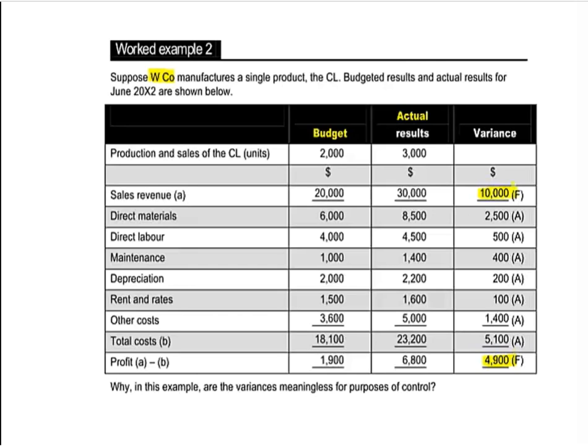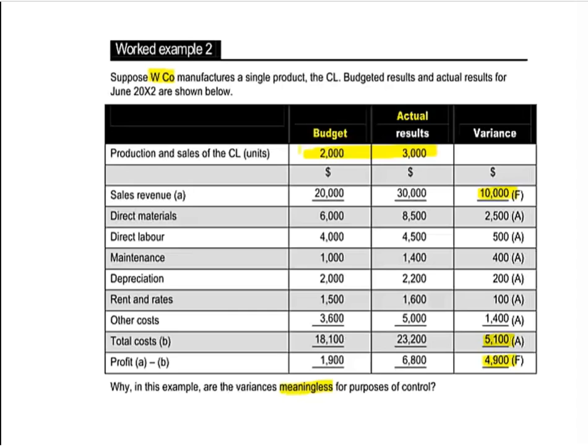So initially then it looks very good because profits then have been higher than were expected, and that's because sales were more than expected. However, all of the costs were going to be more than expected as well. And we want to understand why these variances are meaningless, so why what we've prepared is meaningless. Well, the reason that it's meaningless is because of the production levels.